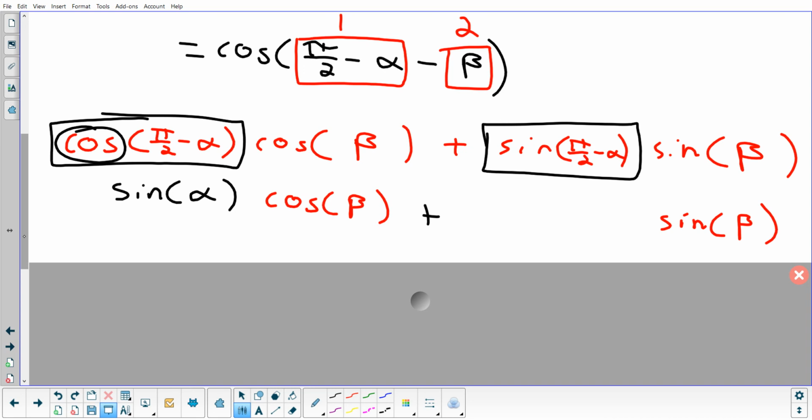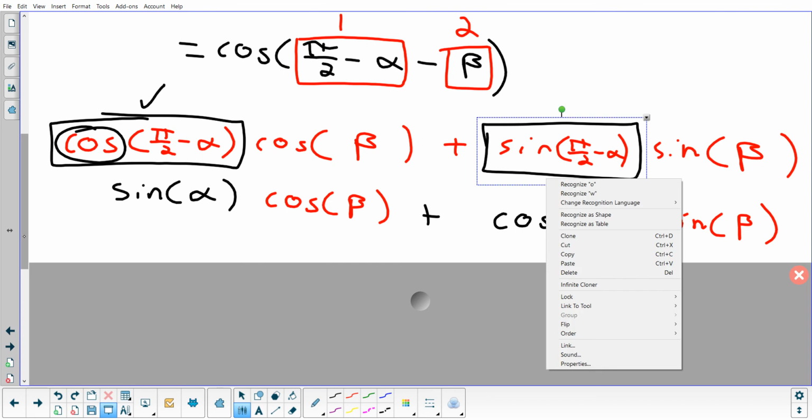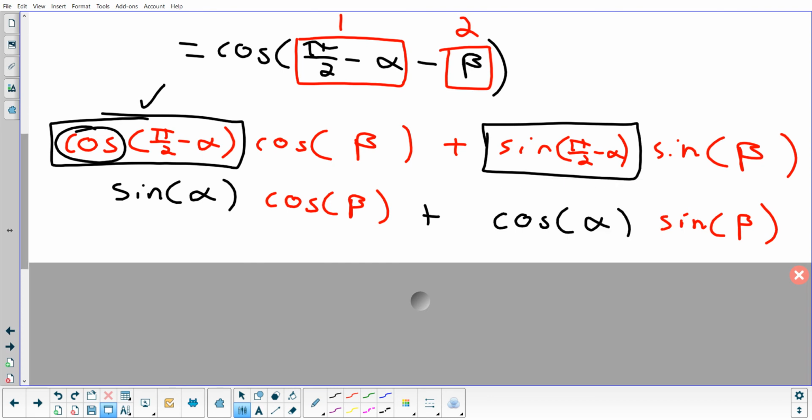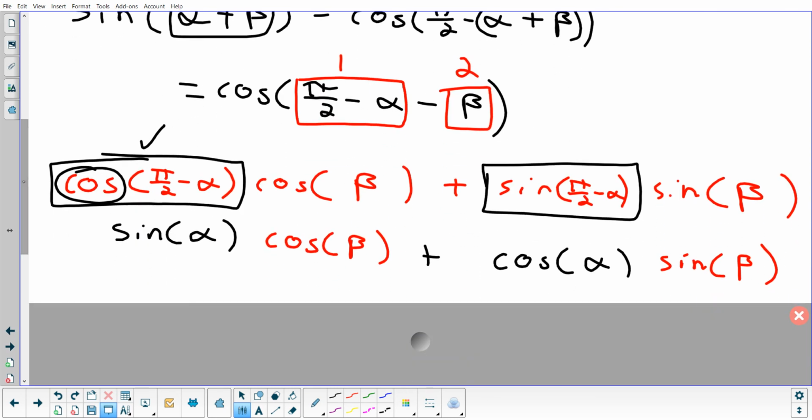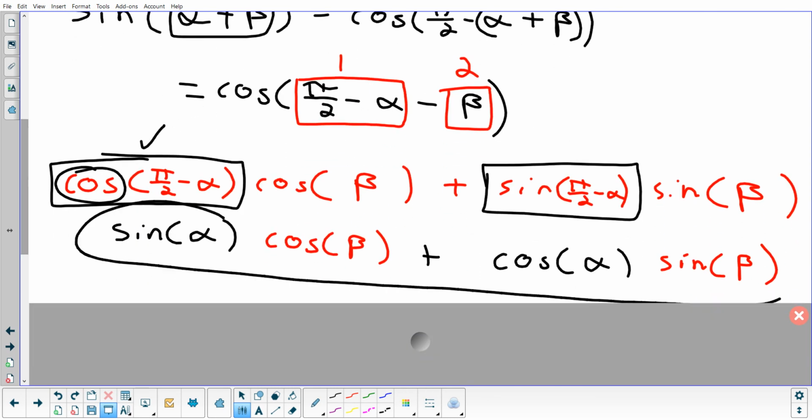Oh. Yeah, so it's going to turn into cosine of the angle. We proved this. I could prove this one just as easily, but we just didn't go through it. And there's your formula for the sine of a sum.